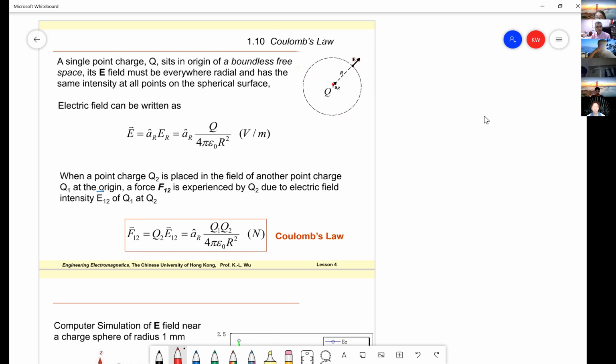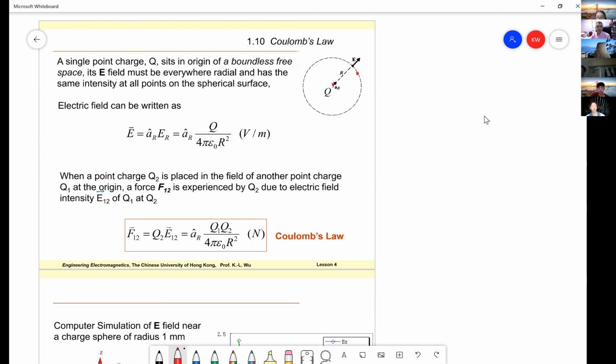How we can sense the existence of the field is if we put another charge near this first charge, then the second charge will experience a kind of force. If the charges have the same property, let's say both positive or both negative, then the force repels the two charges away, right?